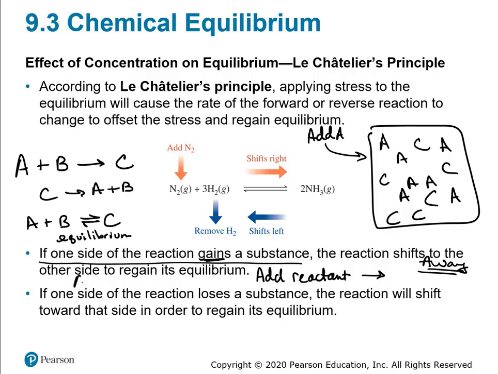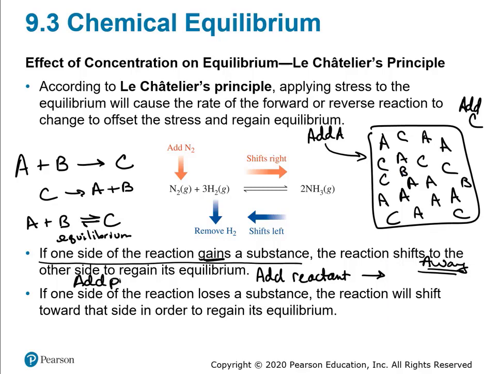So what if I add product? What if I add C? If I start dumping C in, the reverse reaction will occur. So this C will now become an A and B, this C will become an A and B, and this C becomes an A and B, to try and restore the relative amount of A, B, and C present in the container.